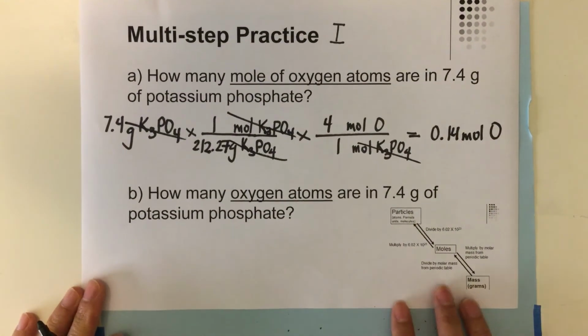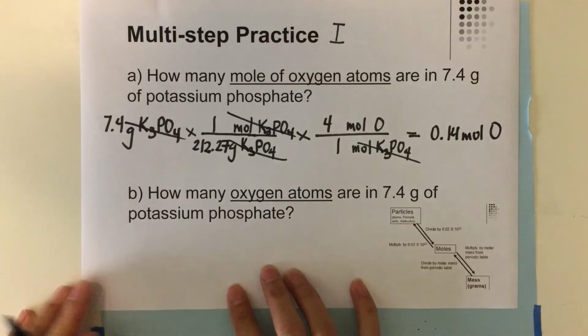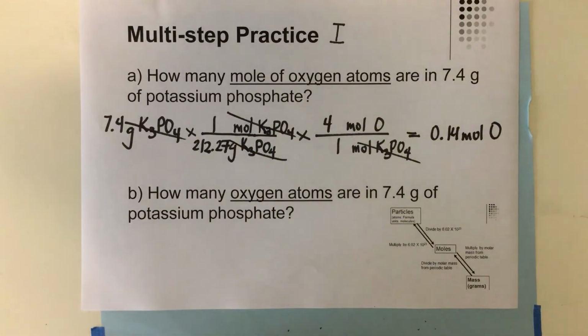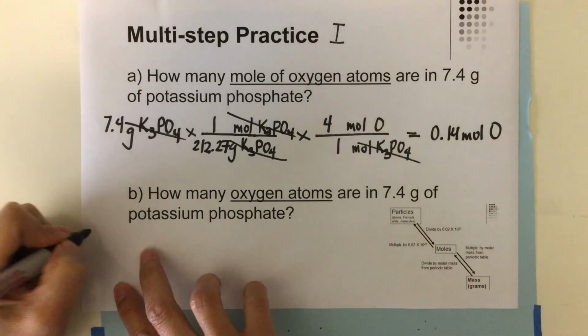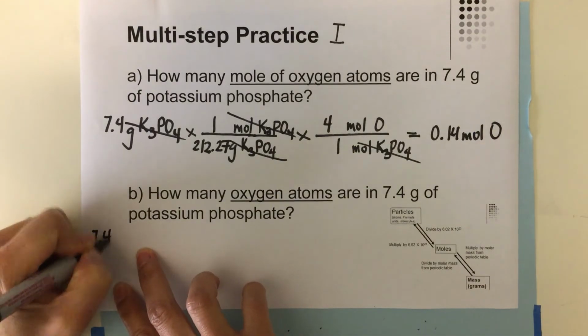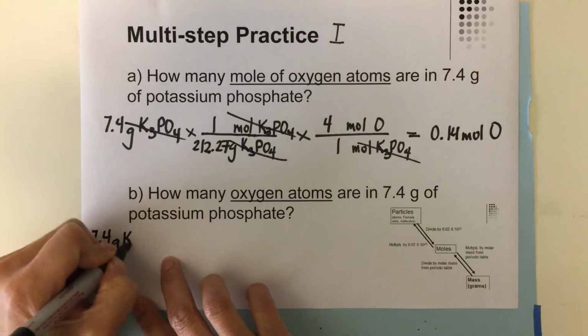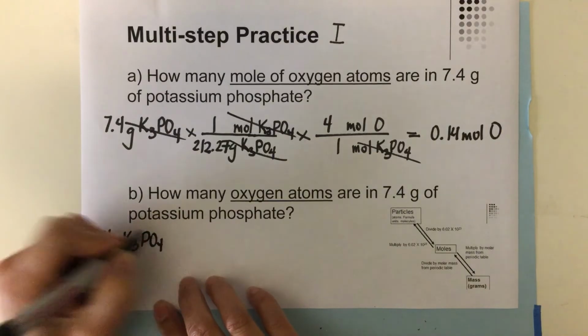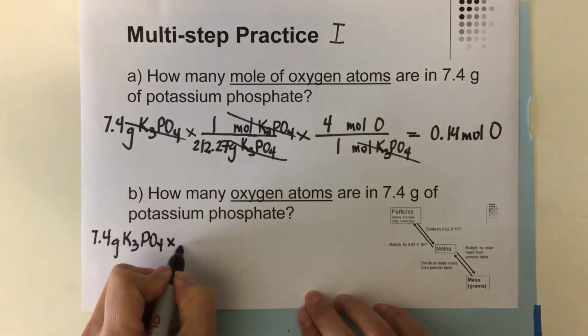Now let's go to how many oxygen atoms. This requires just one additional step, and you'll see the additional step involves Avogadro's number. So it's the same setup up to a certain point.